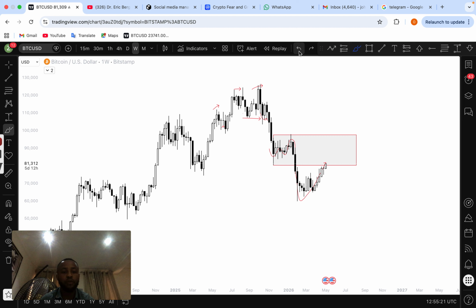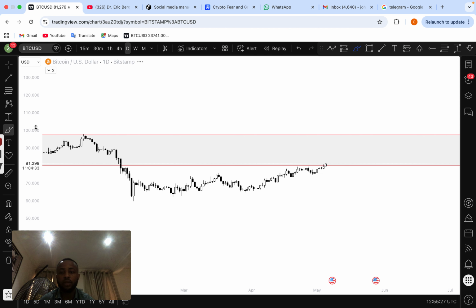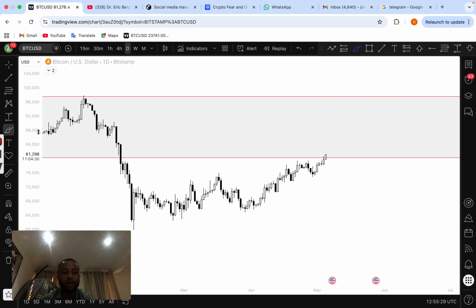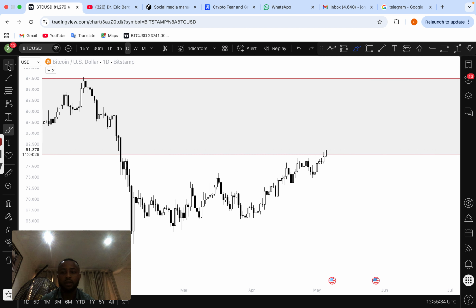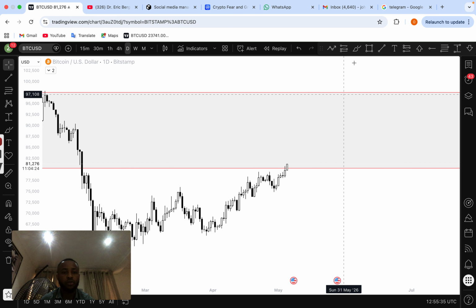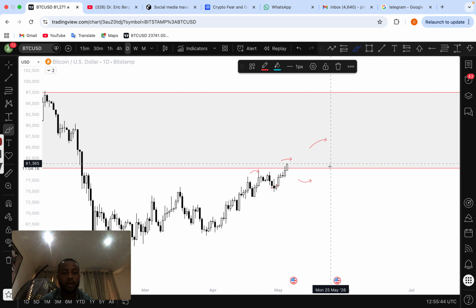Then if we move into the lower time frame, let's say daily or weekly, let's stay at the daily. You can see that price has been trending on the daily. What we want to be looking for now is, you can see higher high, higher low, higher high. Let's say we had another higher low, higher high, higher low.